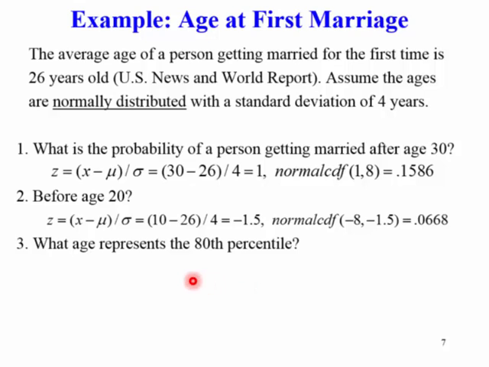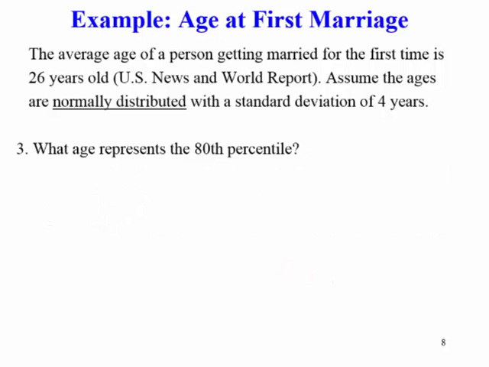Now we can go the other way. What age represents the 80th percentile for getting married? So we need to find the z-score for the 80th percentile, and we use an inverse normal of 0.8. Basically, we're going to have a normal curve, right? And we want the area where we have 0.8 on this side. The area over here is 0.8.